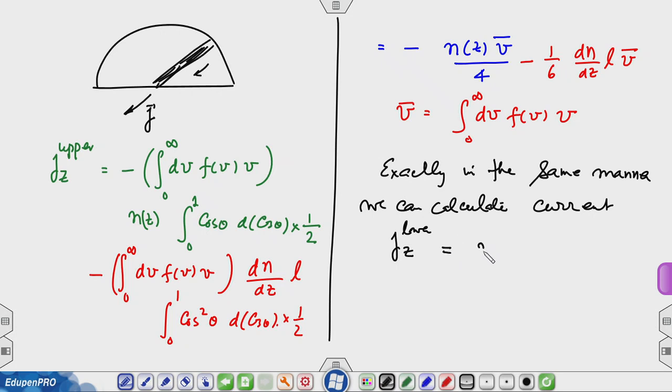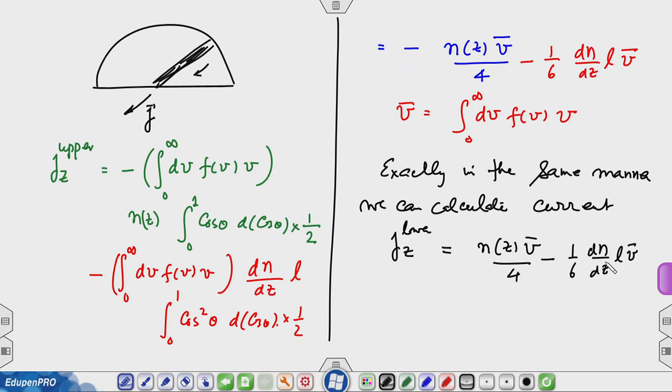And this will come out to be nz v bar by 4 minus 1/6 dn dz L v bar. So this is a current going in the upper direction.